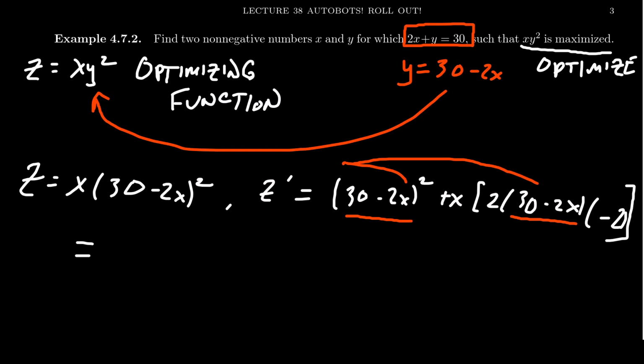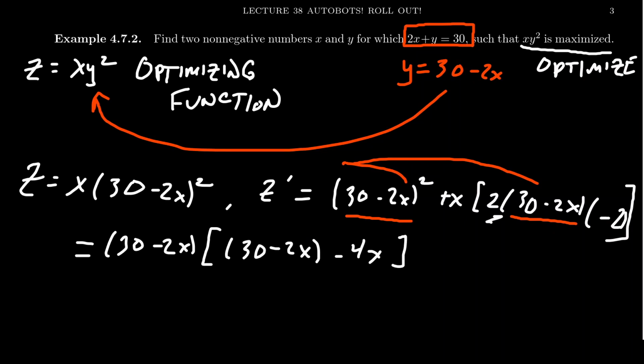All right. So if you factor out the 30 minus 2x, what's left behind? Well, you get 30 minus 2x from the first product. Then you're going to get a negative 4x because we had a 2 and a negative 2 right there. And so, 30 minus 2x, both 30 and 2 are divisible by 2.